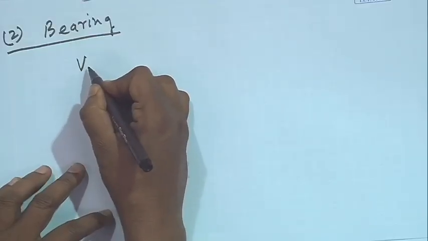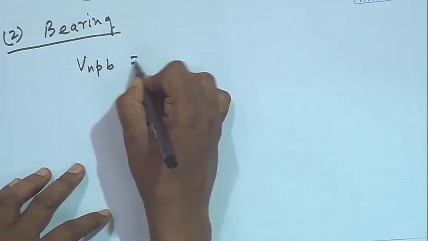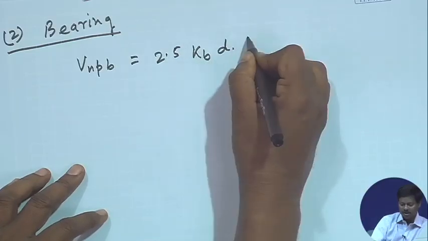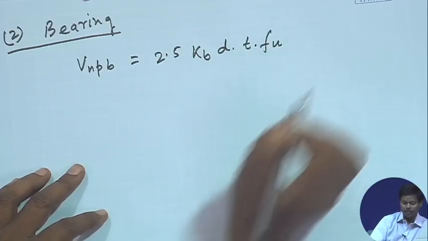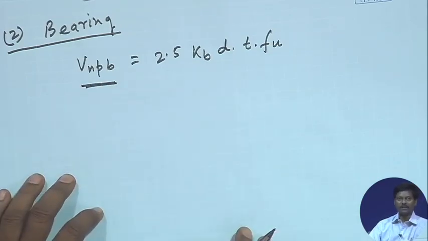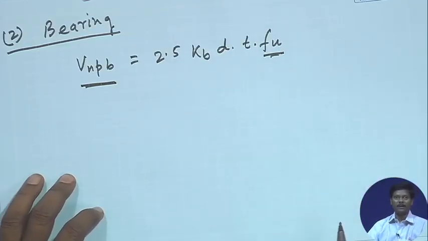Now, we will find out the bearing strength, that is calculated from this formula, that is VNPB is equal to 2.5 kb d into T into Fu. Here VNPB is the nominal bearing strength of bolt, and Fu is the ultimate tensile stress of plate, not bolt.